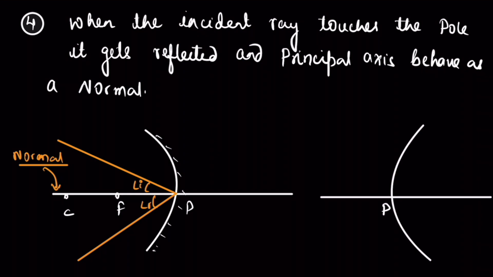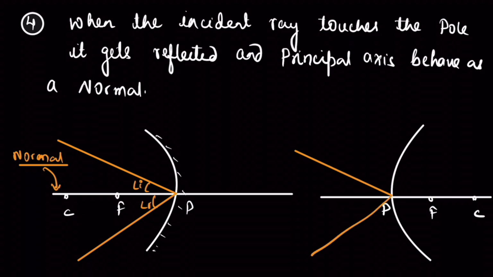This is pole, focus, center of curvature, incident ray, reflected ray, and this is the normal. The principal axis behaves as a normal. So these are our total 4 rules that we will use in image formation.